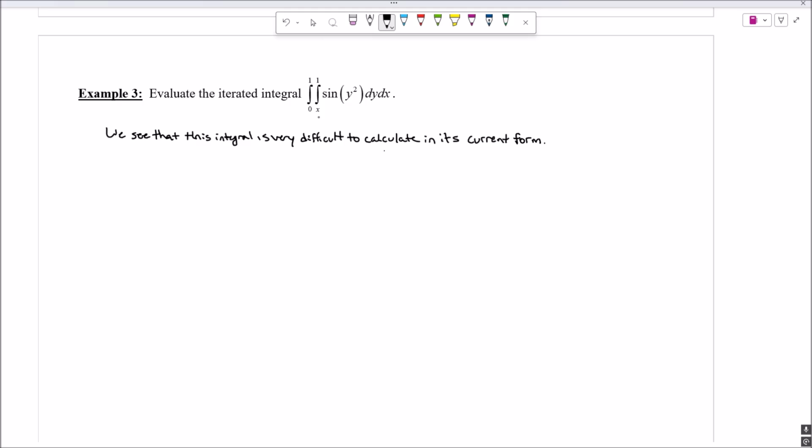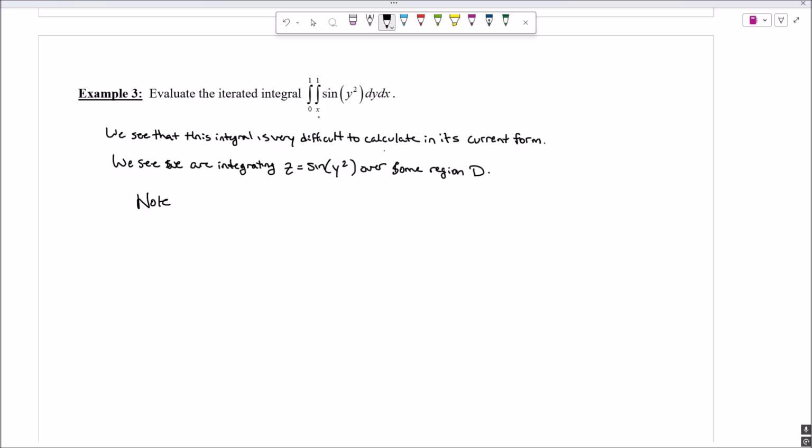So I'm going to attempt to figure out what region we are integrating over. I'll say we see that we are integrating z equals the sine of y squared over some region D. I'm going to start by figuring out how D is being defined based on the way my bounds are set up.